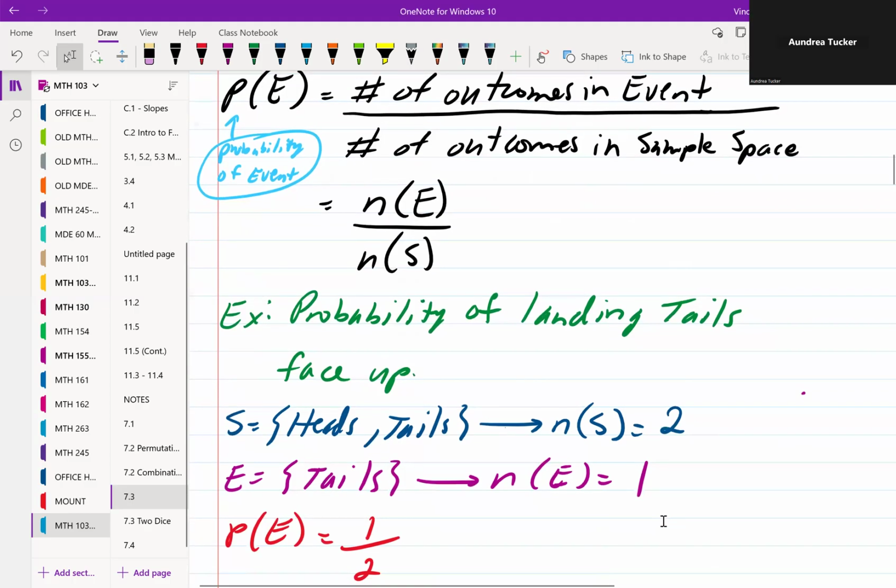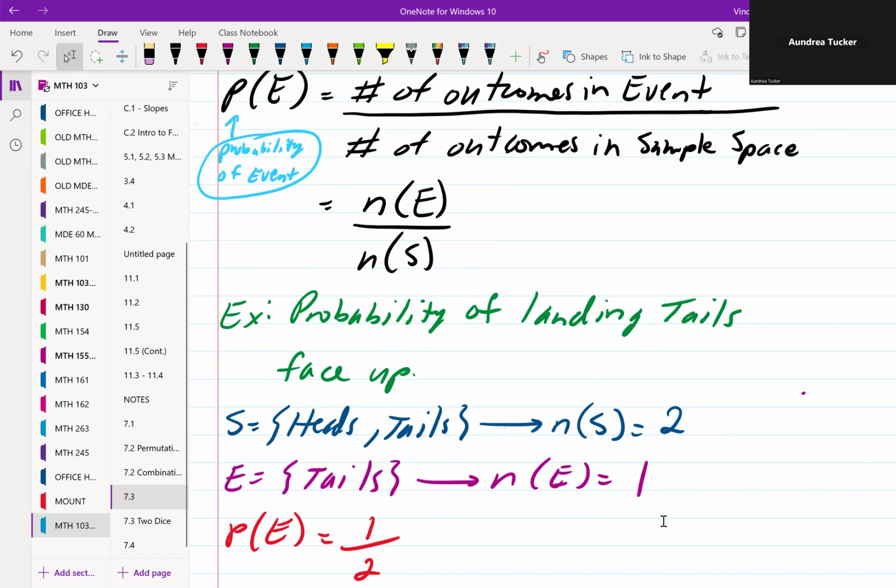All right, so if I want to lean on those initial examples I gave when it comes to flipping a coin, I want to know the probability of landing the tails face up. I look at my sample space. The number of outcomes in my sample space is 2, because I have heads and tails. Then I look at the number of outcomes in my event. The number of outcomes in my event is just 1, which is tails. So once I have both of those pieces, I place the number of outcomes in my event over the number of outcomes in my sample space.